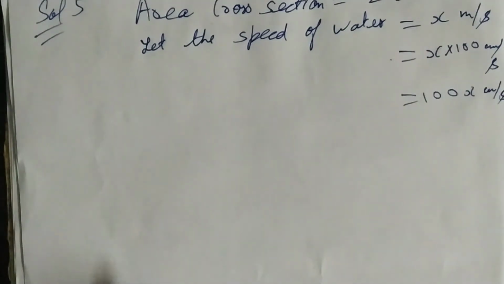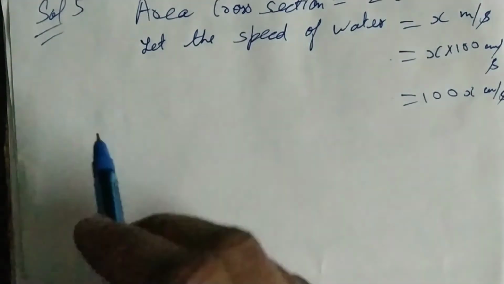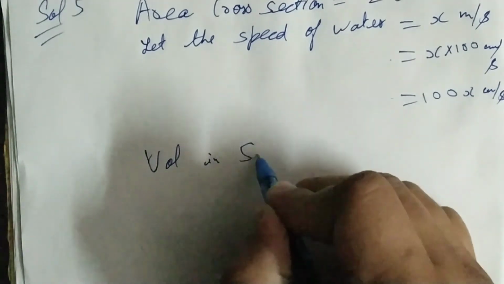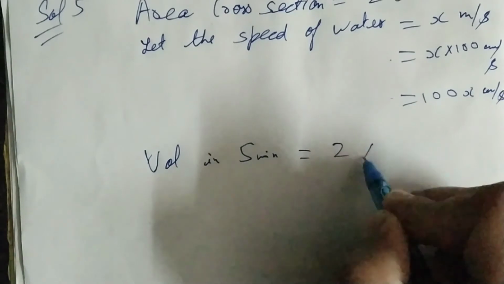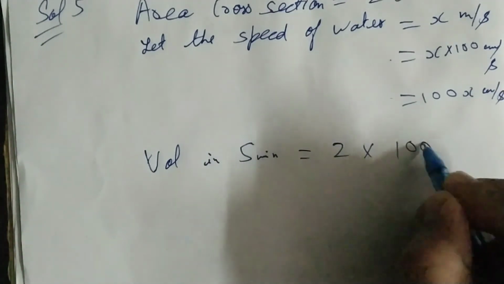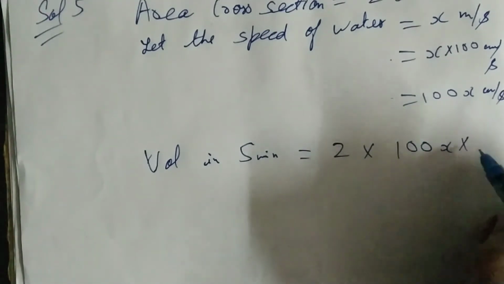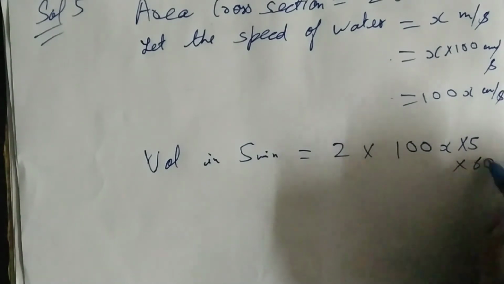Now in 5 minutes the volume transferred was 1500 liters. So if this is the cross section, this is the speed, the volume transferred in 5 minutes will be area of cross section multiplied by speed multiplied by time, which in seconds is 5 multiplied by 60.